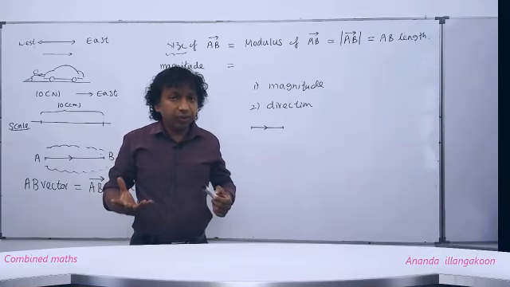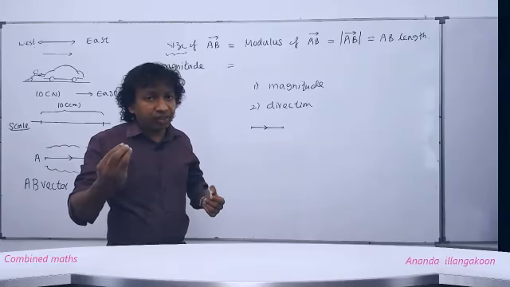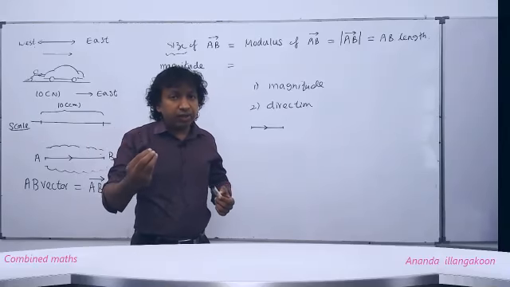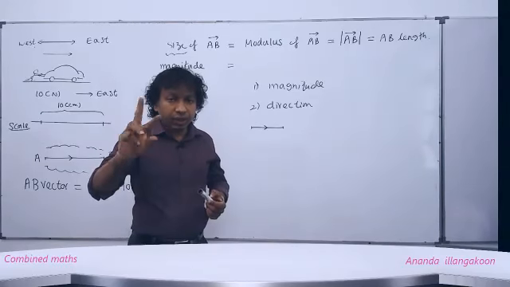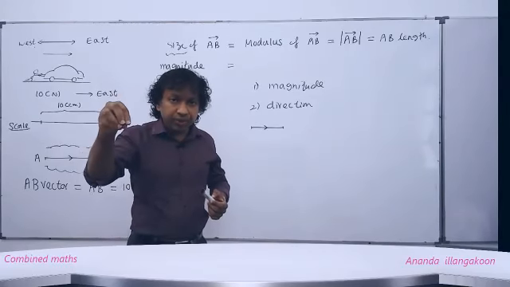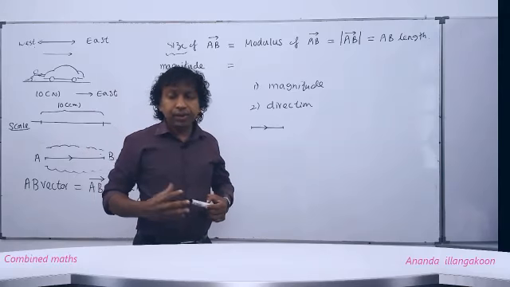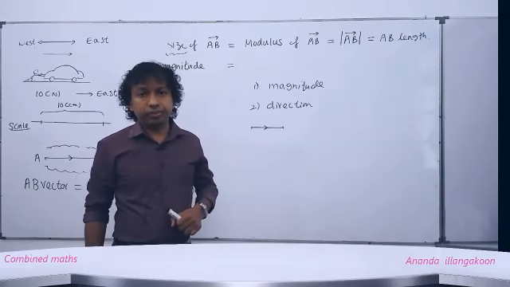When we consider a vector, it has two qualities. If two vectors have the same magnitude and direction, then the two vectors are equal.